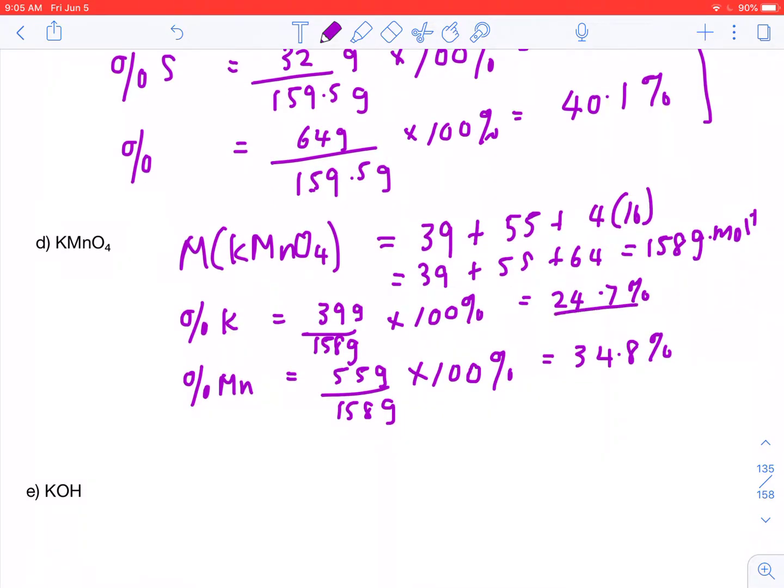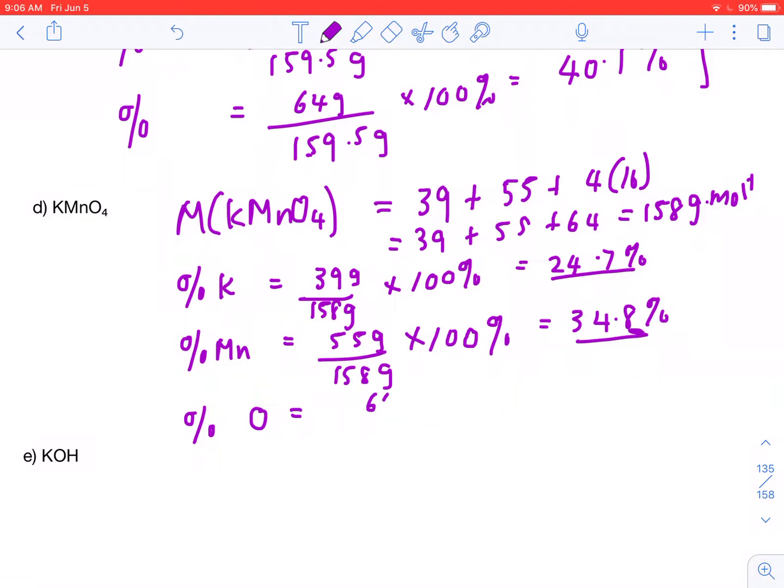And then we want the percentage of oxygen in here, which is equal to 64 grams upon 158 grams times 100%, which says that we've got 40.5%. Now let's look at the next one.